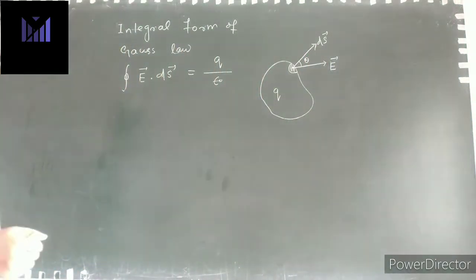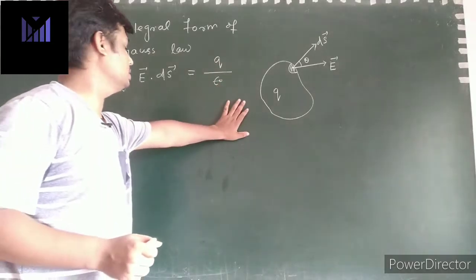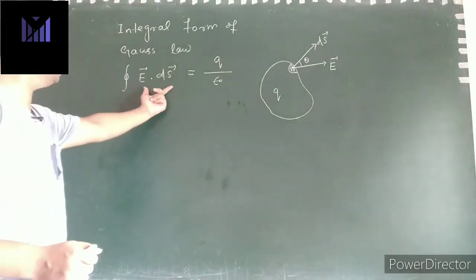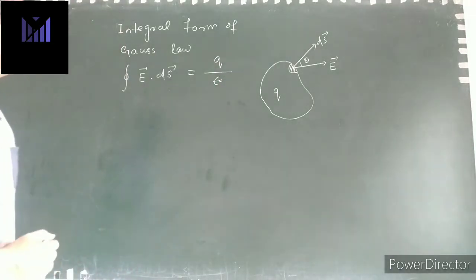So the total flux associated with this closed surface is defined as the closed surface integration of E dot ds.